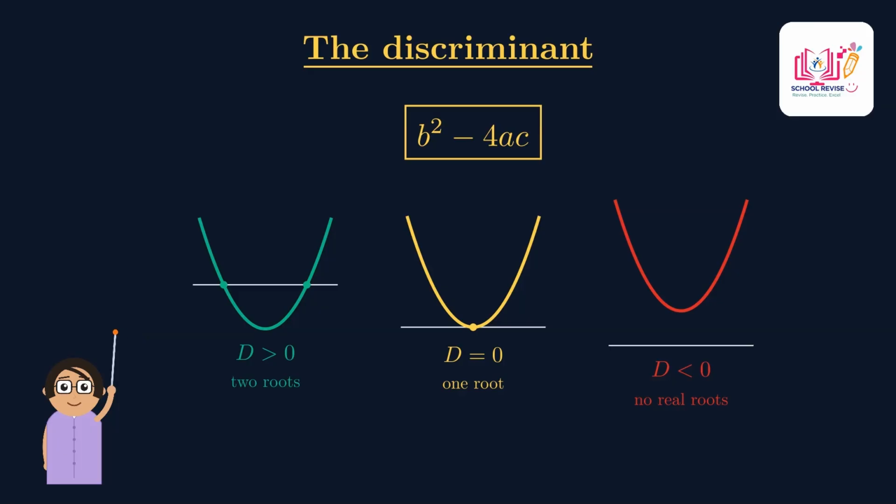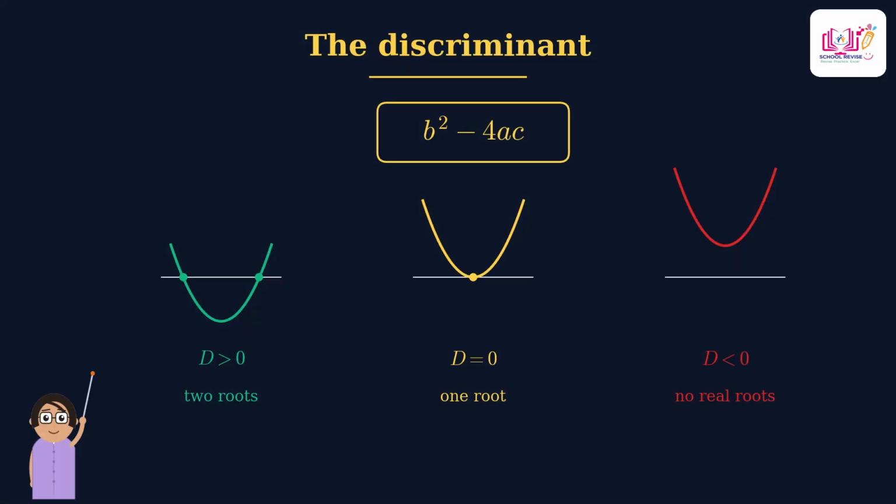If it's exactly 0, the plus or minus disappears, both answers merge into one, and the parabola just kisses the axis. And if it's negative, you can't take the square root of a negative, so there are no real answers at all, the parabola floats above the axis, never touching. One little number, three different stories.